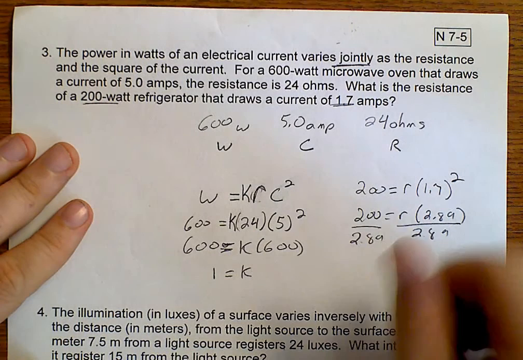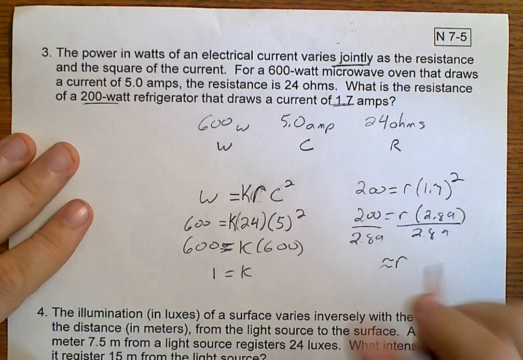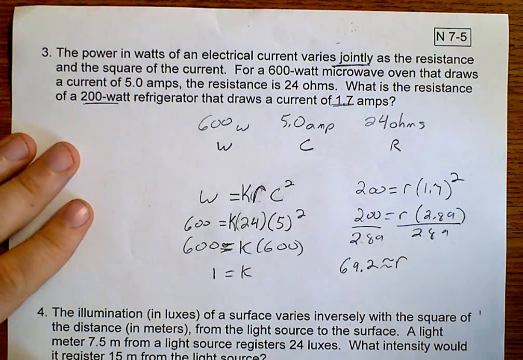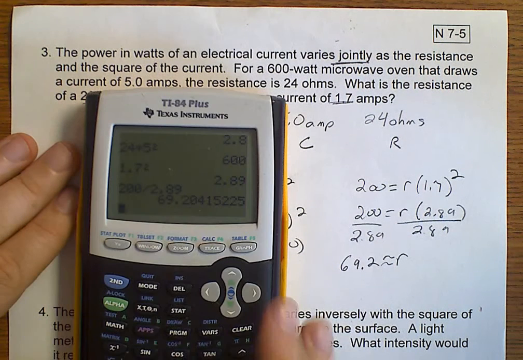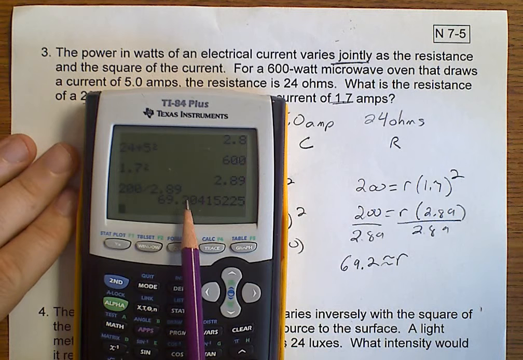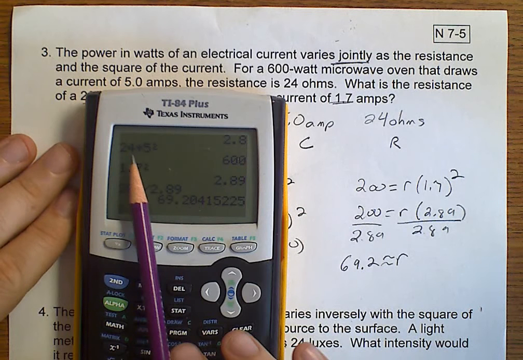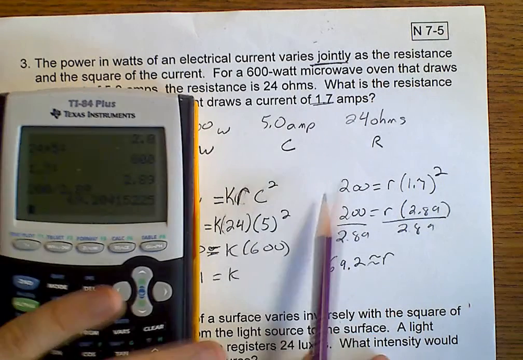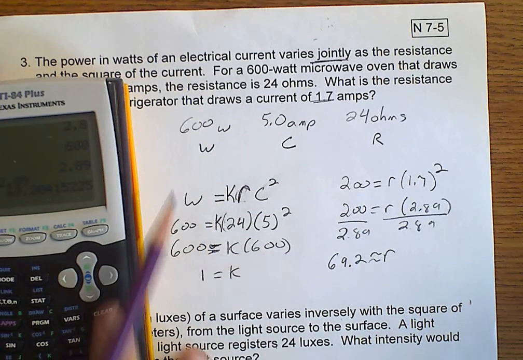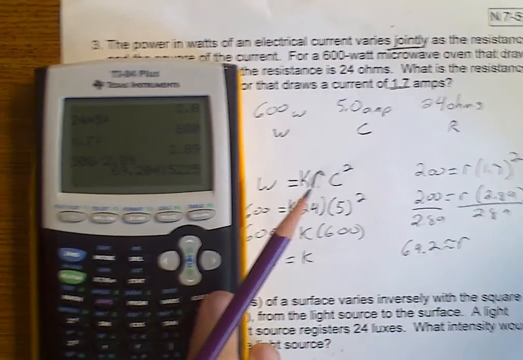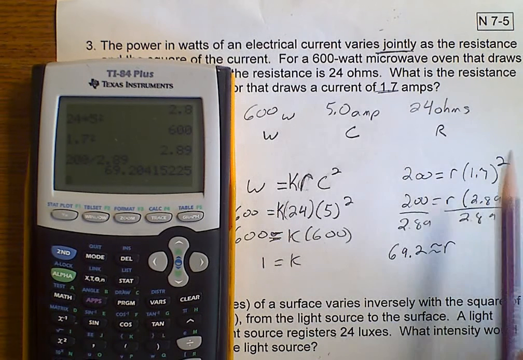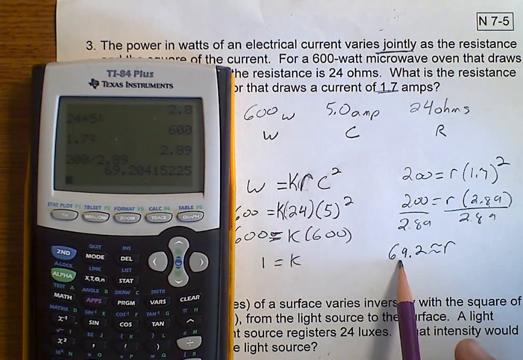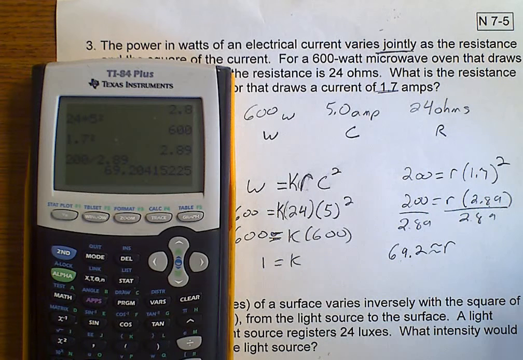And we get that R is roughly equal to 69.2. And here's the work in the calculator. The 24 times 5 squared gave us 600. That's what we got here. 1.7 squared was 2.89. We divided 200 by 2.89. We got 69.20. We're just going to call that 69.2.